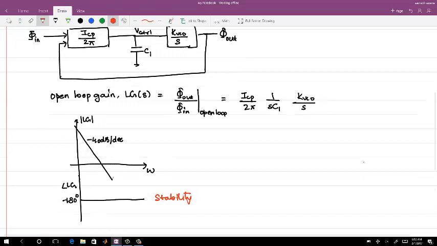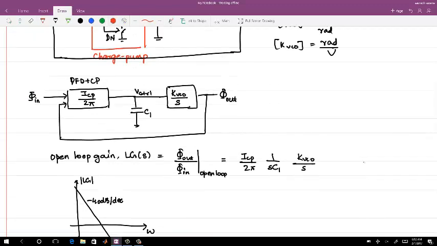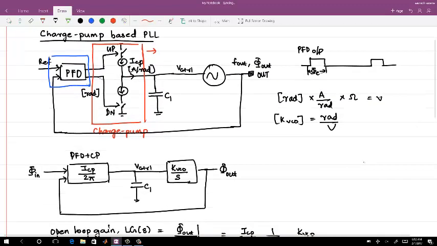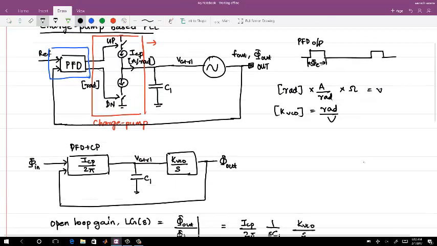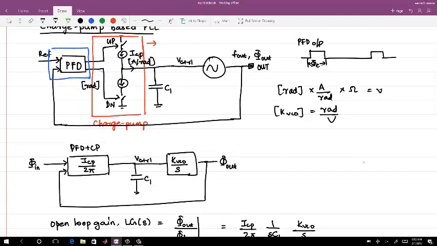So what you can do, you need to add a, no, one interesting thing is you can say that without using any active block here, with ICP and one capacitor, I am able to realize an ideal integrator. Had you used a voltage source, unless you go for an active block, it will be difficult to realize an ideal integrator.